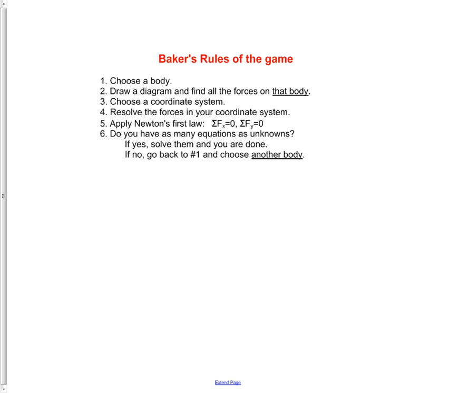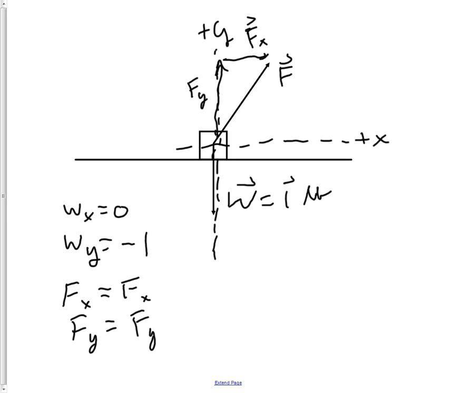We've just resolved all the forces, and so now we apply Newton's first law. So we go back and say the sum of the forces in the x direction has to be equal to 0. And that's equal to -1 plus F sub x.